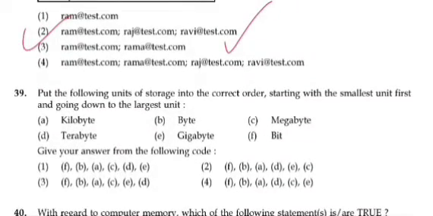39, put the following units of storage into the correct order, starting with the smallest unit first and going down to the largest unit: kilobyte, byte, megabyte, terabyte, gigabyte, bit. You must be familiar with these: kilobyte KB, byte, megabyte MB, terabyte TB, gigabyte GB, then bit. Let me give you the correct option.